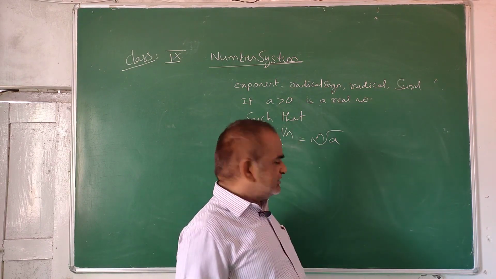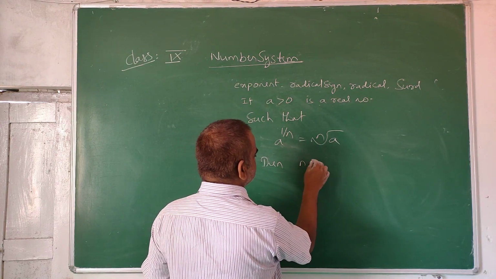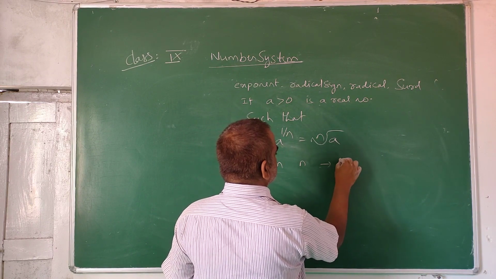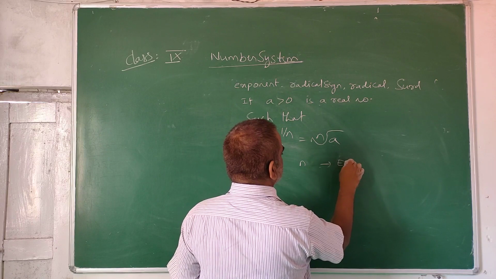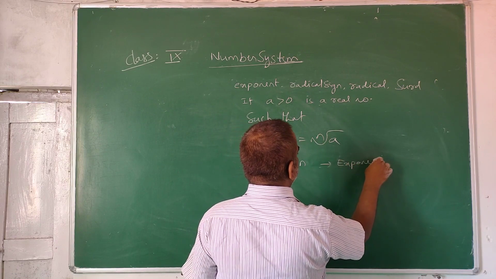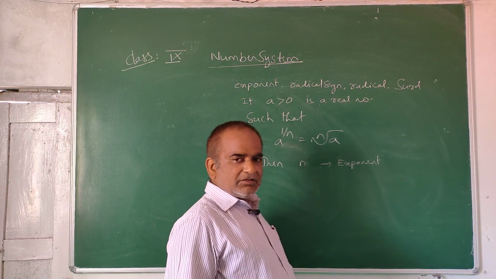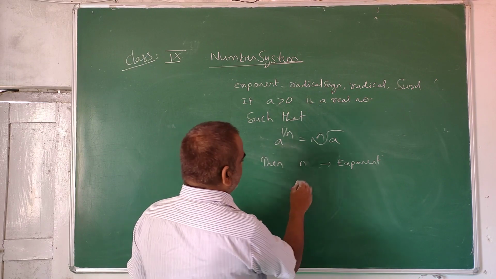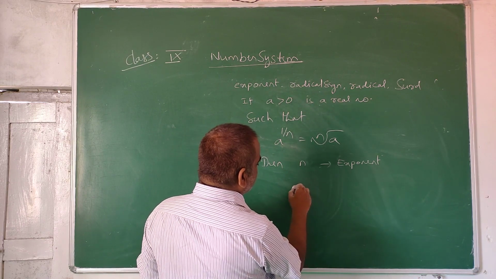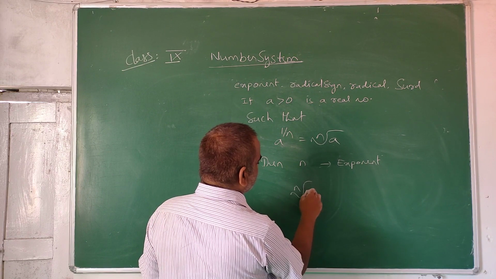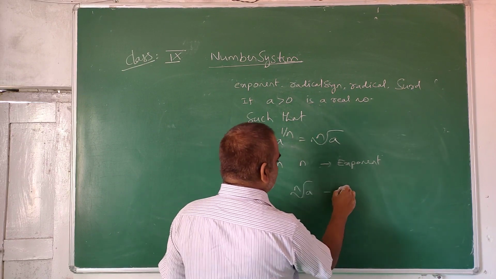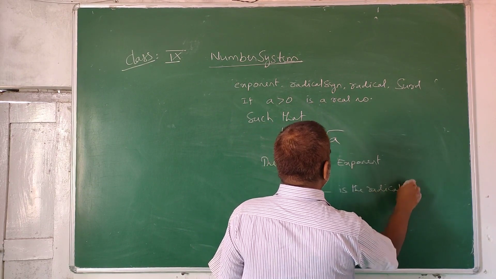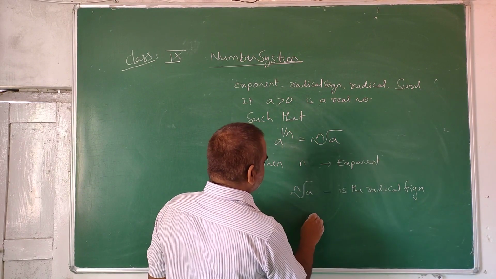Are you following? Then n is known as exponent, and the nth root a is the radical sign, and a is known as radical.